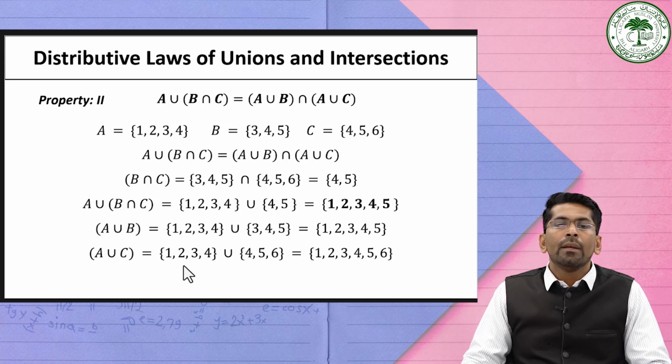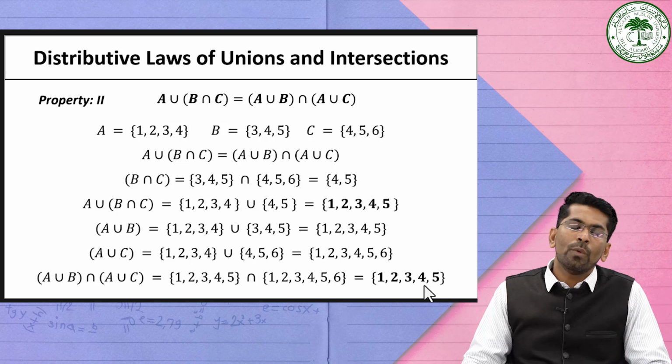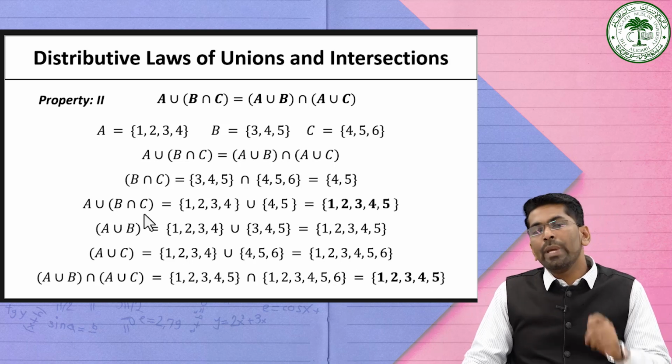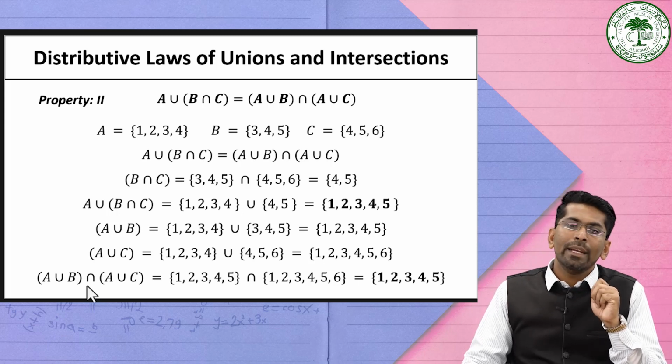So we can write A union C is equal to 1, 2, 3, 4, 5 and 6. See here, A union B intersection A union C is equal to 1, 2, 3, 4, 5 intersection 1, 2, 3, 4, 5, which is equal to 1, 2, 3, 4, 5. Hence, we can say that A union B intersection C is equal to A union B intersection A union C.